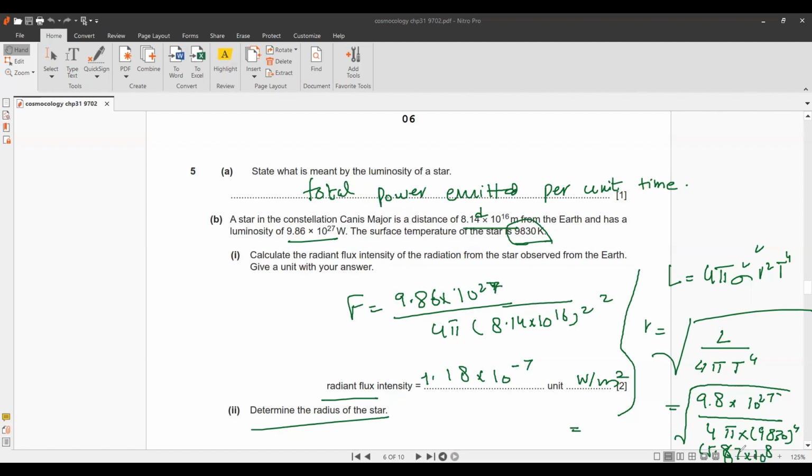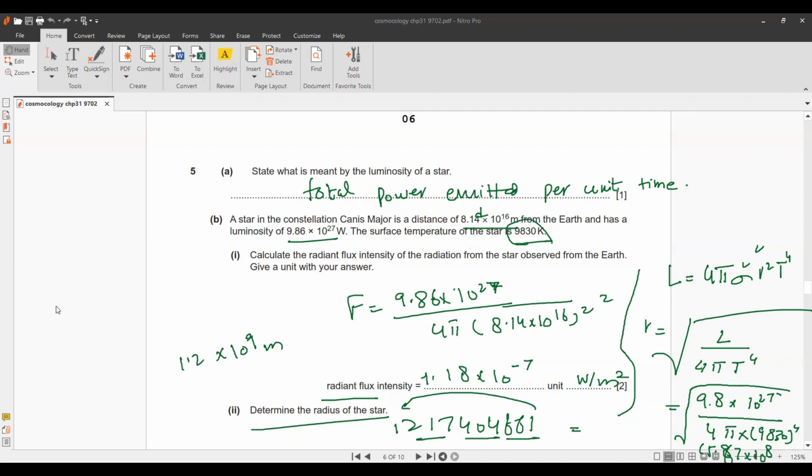I'm getting 1.21 into 10 raised to power 9. Actually, I'm getting 12174046661, which rounded off to three significant figures is 1.2 into 10 raised to power 9 meters.